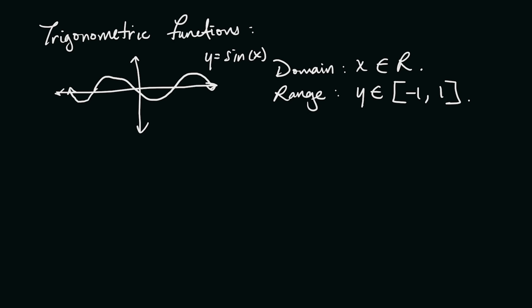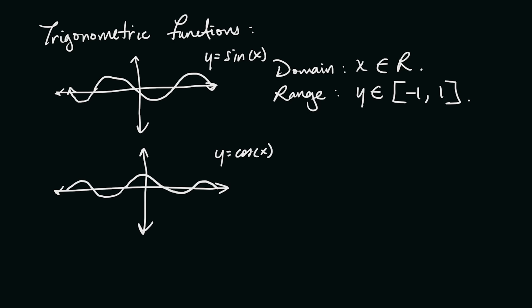Now, our second trigonometric function that we're going to be talking about a lot is our cosine function. Let me draw this. Our cosine function works a little bit differently, right? You see how over here it's at 0, pretend that's at 0, but then over here it's at a whole different value.